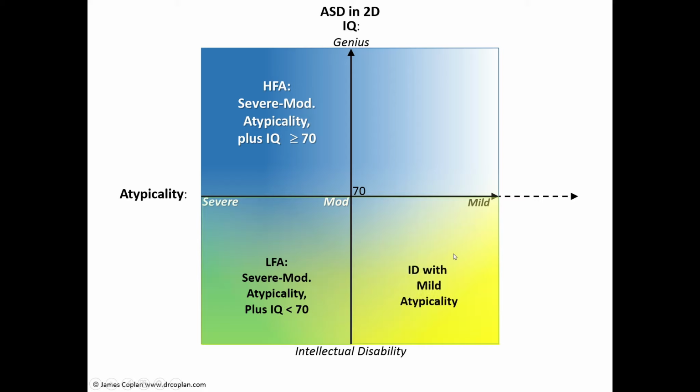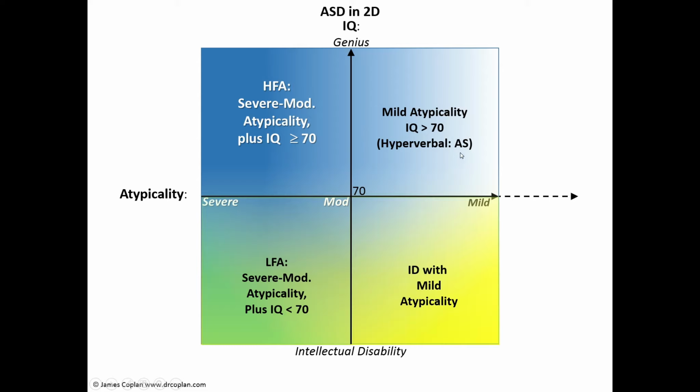Over here, the predominant problem for these children is intellectual disability with a touch of atypicality. And unfortunately, a little bit of atypicality goes a long, long way towards impairing function in a child who has ID, as opposed to what we have up here, which is mild atypicality with IQ in the normal range.